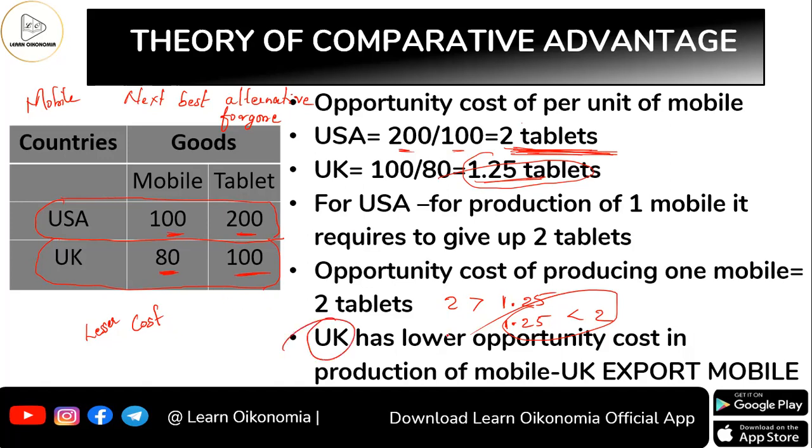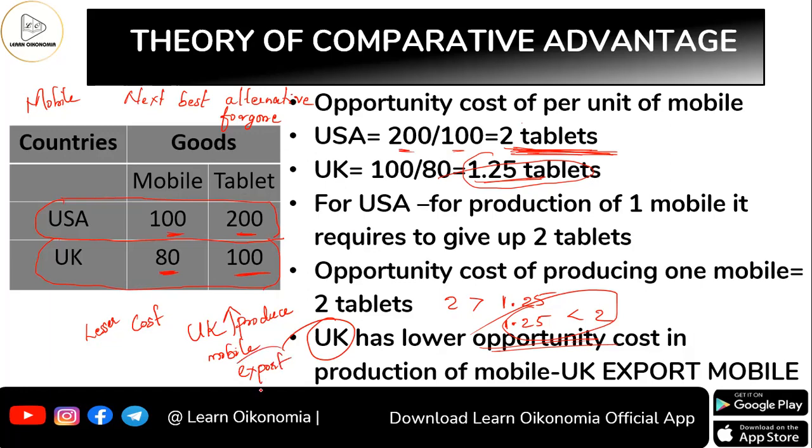So UK has lower opportunity cost in the production of mobile phone for the same reason. What UK can do is produce mobile phones, or increase the production of mobile phones. Not only that, it can also export the same.